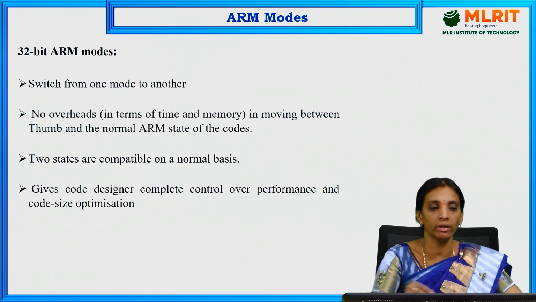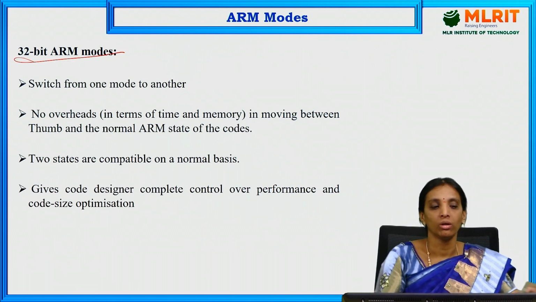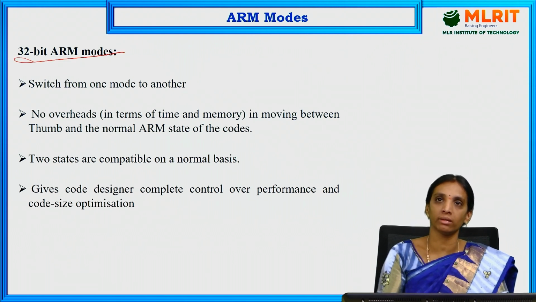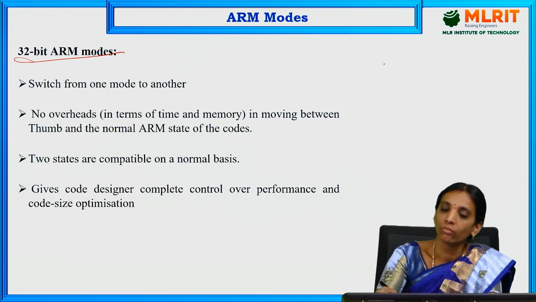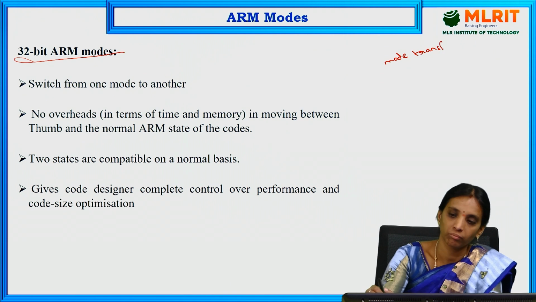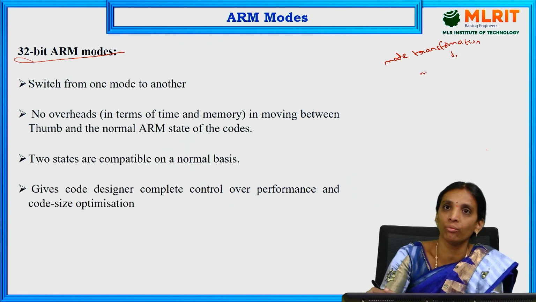Next, the second mode is 32-bit ARM mode. 32-bit ARM mode means we have a facility in the ARM processor for mode transformation, which is called mode switching.